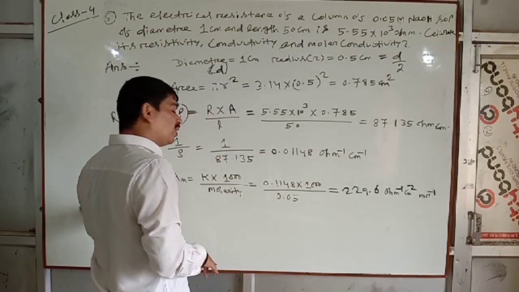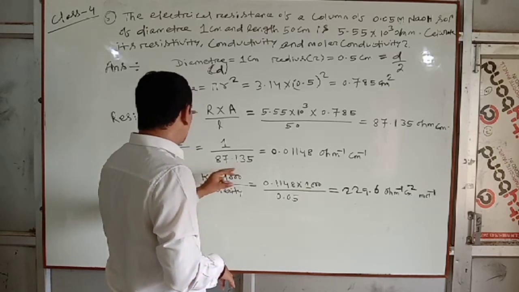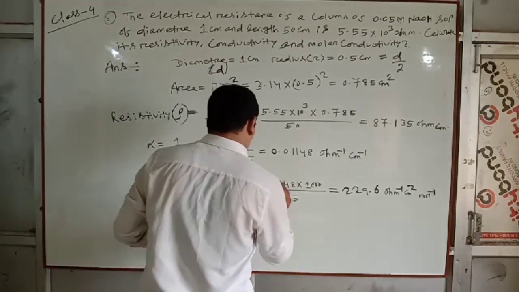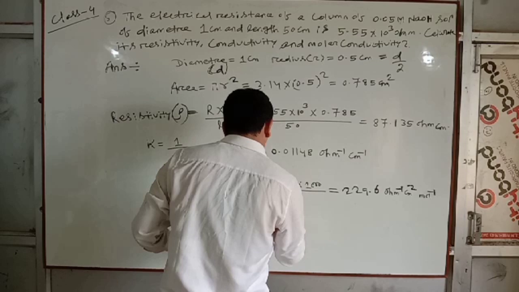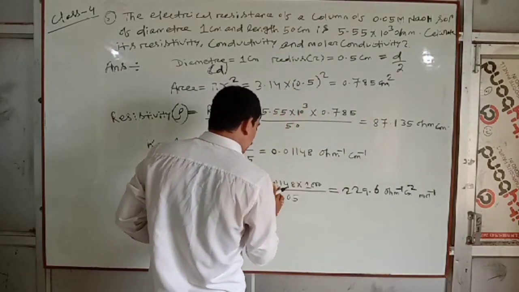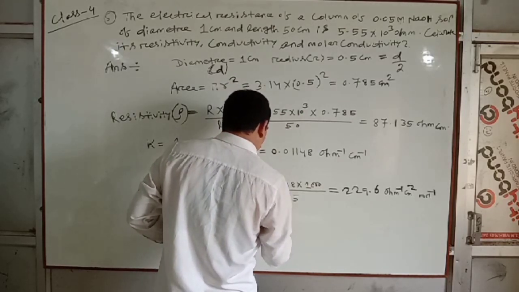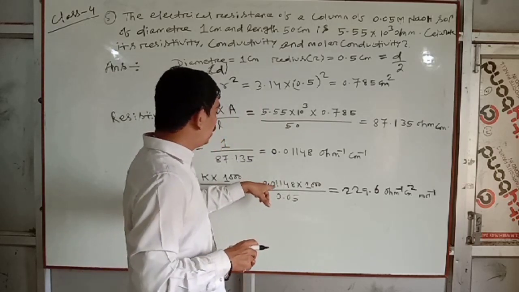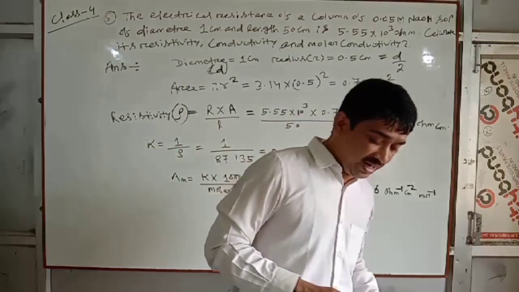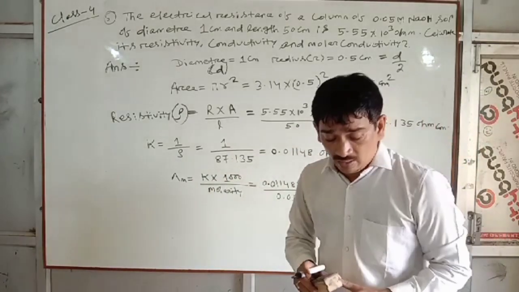Next lambda m, molar conductance equal to specific conductance, that is conductivity kappa, into 1000 by molarity. 0.01148 into 1000 by 0.05. So that will give 229.6 ohm inverse centimeter square mole inverse.